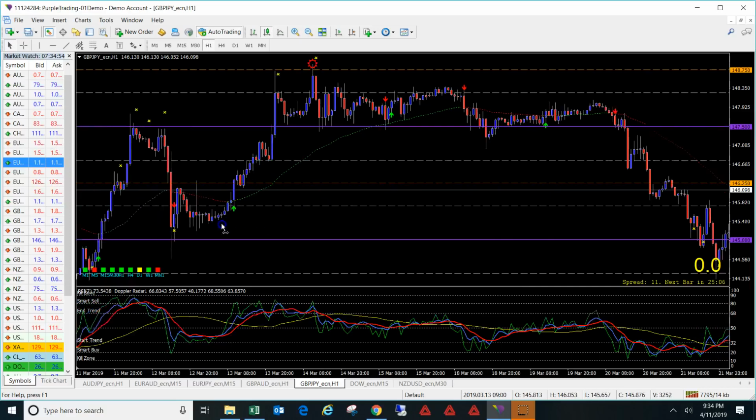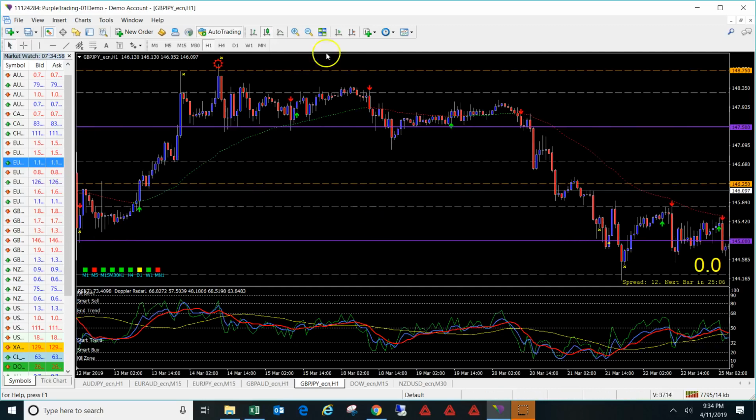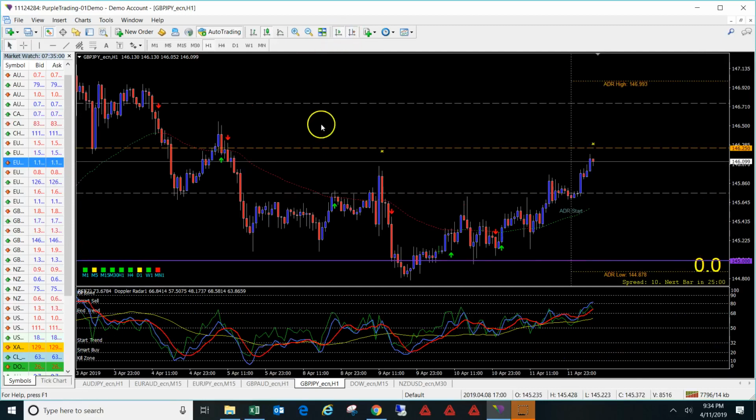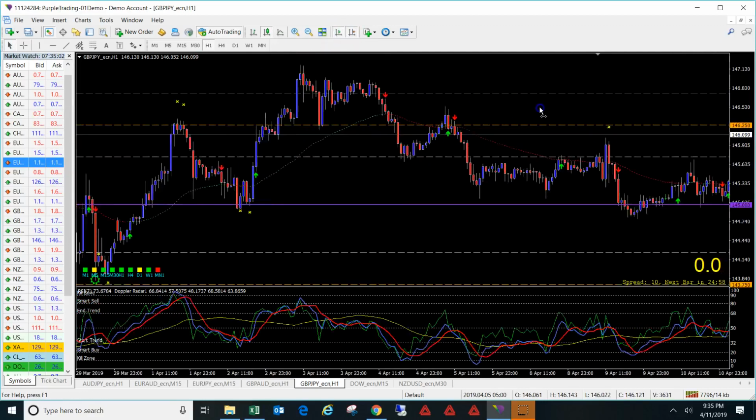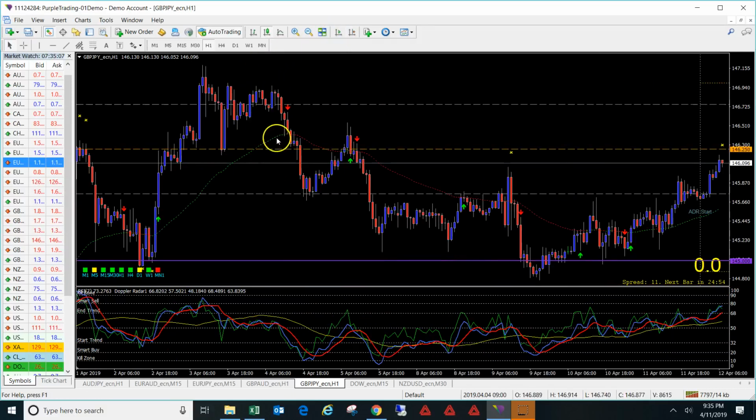Let me find an example. Okay, so I guess this would be a good example here. So you can also use this for your entries as well. You know, if you want to be safe and you're patient and you don't want to deal with drawdown and stuff like that.